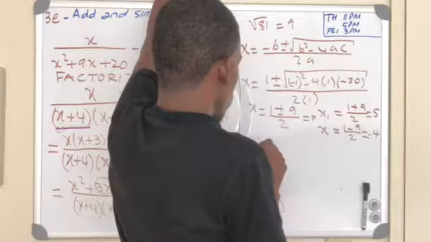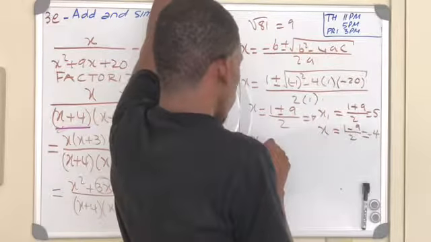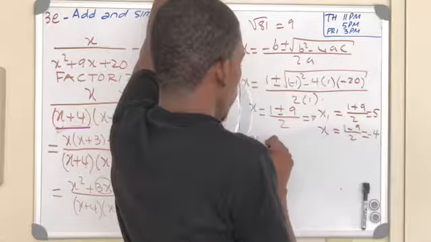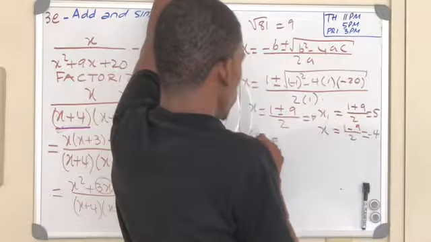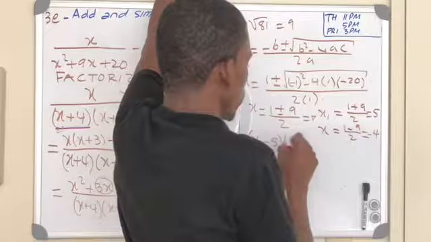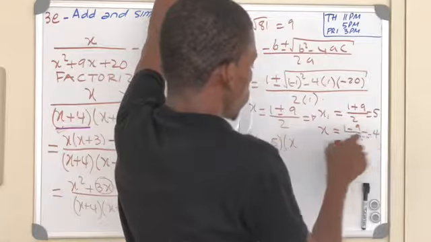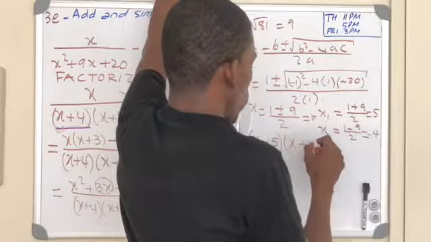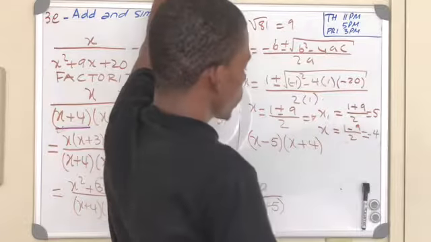Okay, so my factors are going to be x minus 5 times x plus 4. Okay?